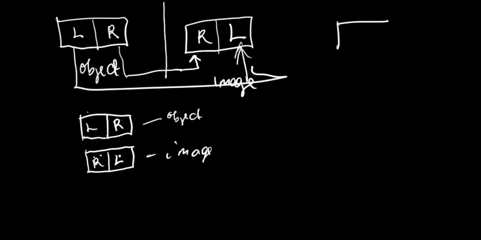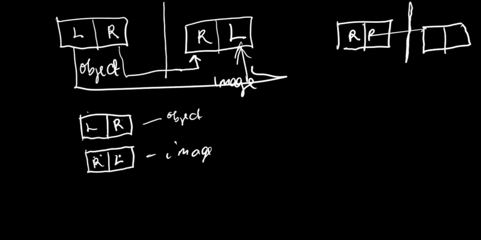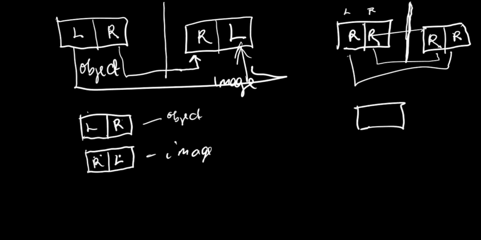However, in a case where we have something like this, on this side we have R, and on this side R, when it's placed in front of the mirror, the image would still give us an RR, because the left, this is the left, this is the right, the left would become the right, so this would be R, still an R, and the right would become the left, this would still be an R. If we bring our object and our image together, we have RR, and our image we have RR.